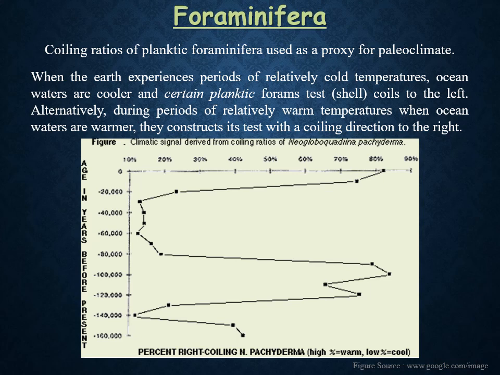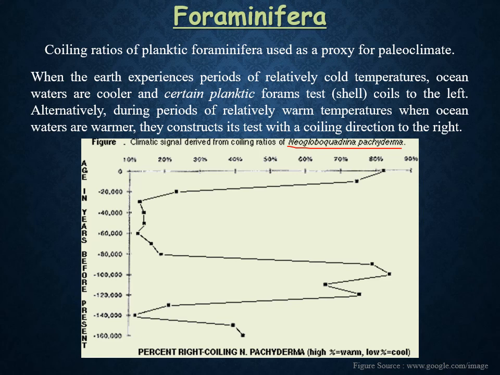For example, in one planktonic foraminifera, Neogloboquadrina pachyderma, it was found that dextrally coiled forms are found in warm ocean waters, whereas in regions where the ocean water is relatively cold, we find a high percentage of left hand coiling Neogloboquadrina pachyderma.